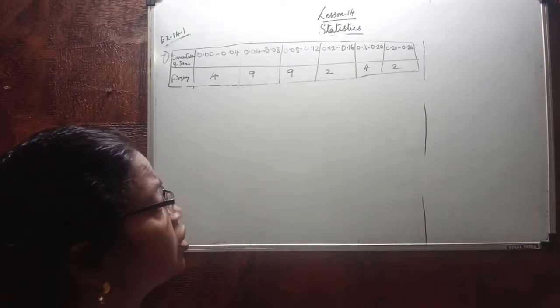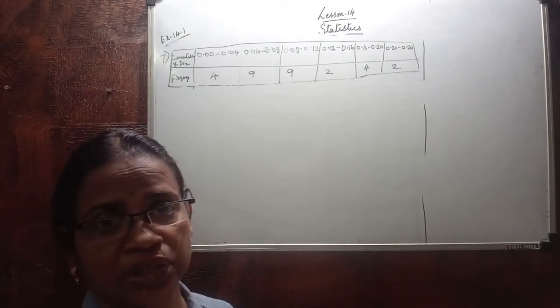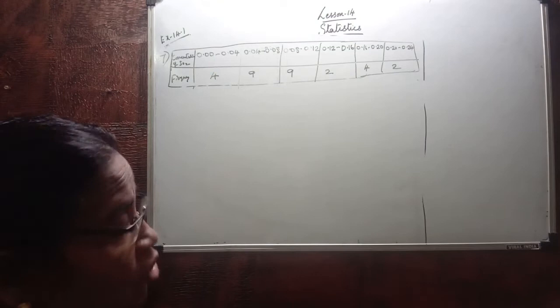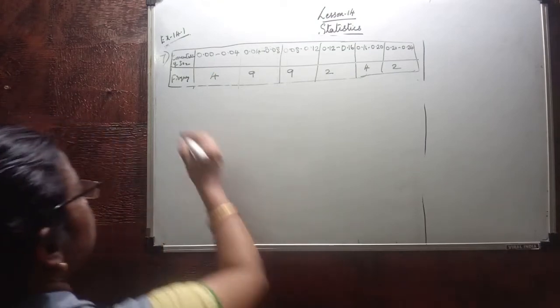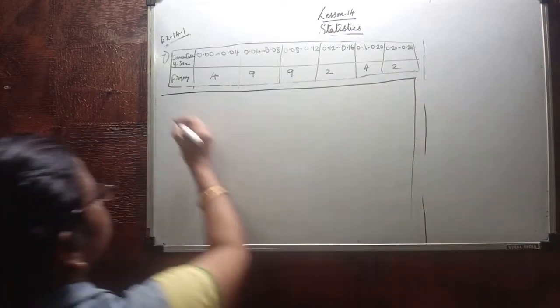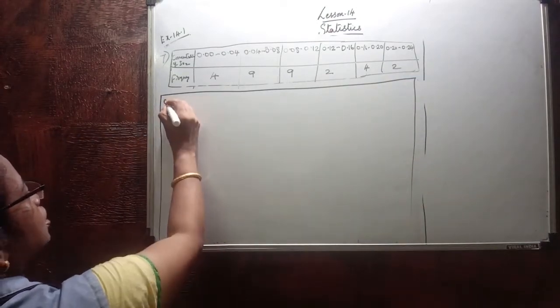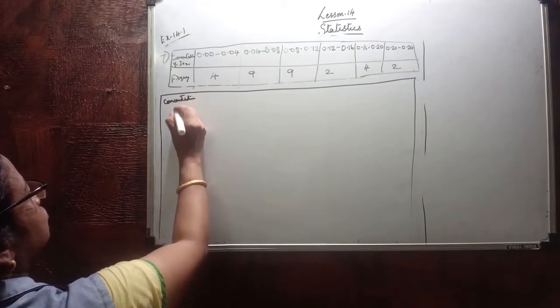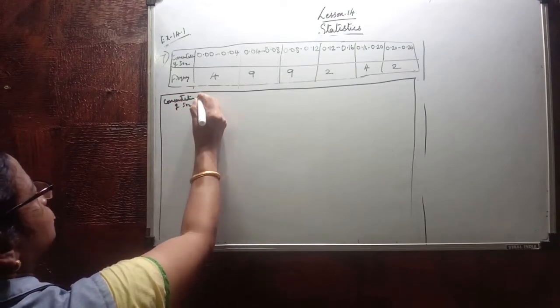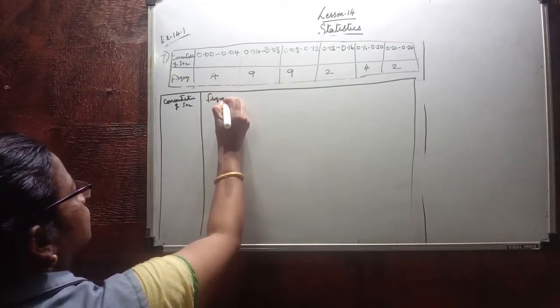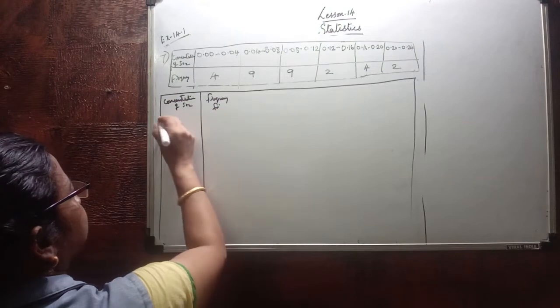So we will go into the step deviation method. For the step deviation method, you know that we have to draw 6 columns. So we will draw the columns now. First column, concentration of SO2. Next one is frequency, that means Fi.